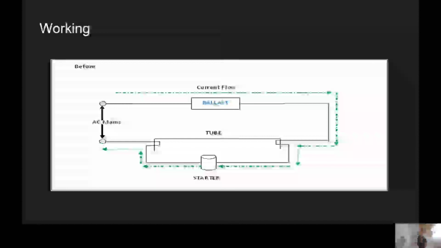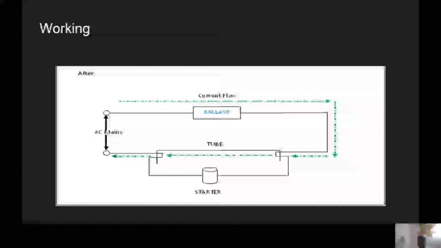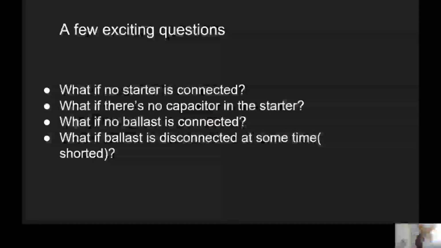So when the bimetallic switch turns off, the inductor flux shoots out, creating a very high potential difference, and hence creating an arc and vaporizing mercury. Then the plasma obtained from the inert gas and the mercury collides, producing UV light, which hits the phosphorus to produce white light.